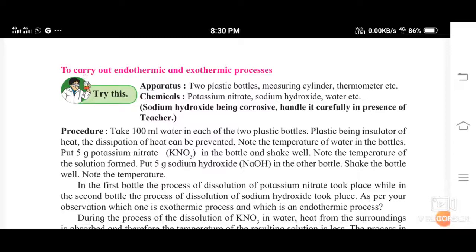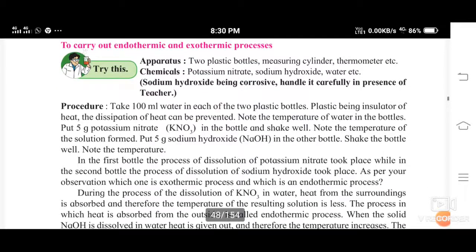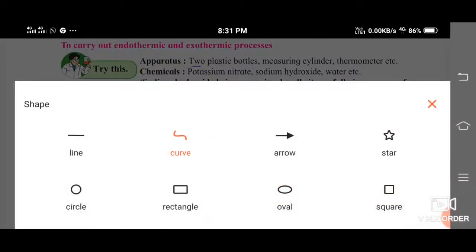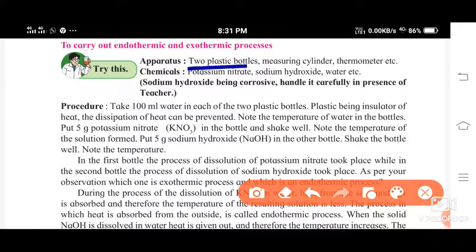The apparatus required for this is two plastic bottles, a measuring cylinder, and a thermometer. The chemicals you require are potassium nitrate, sodium hydroxide, and water.